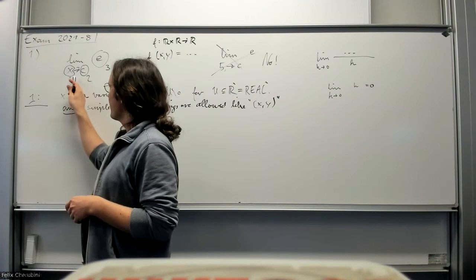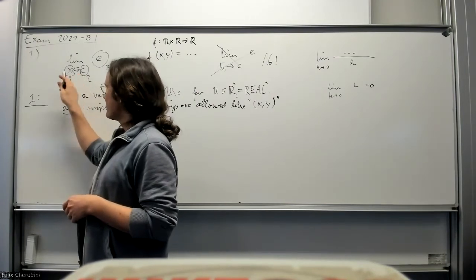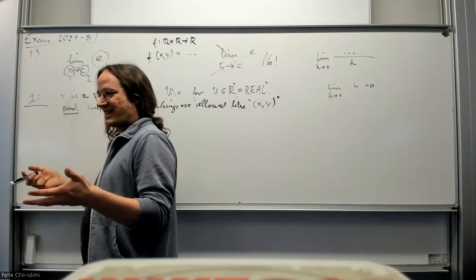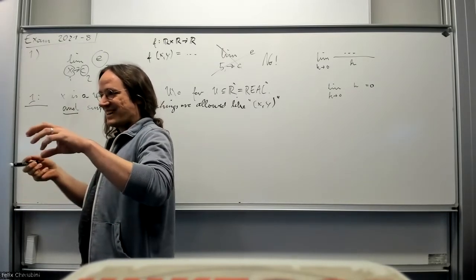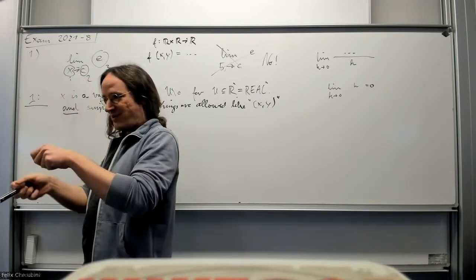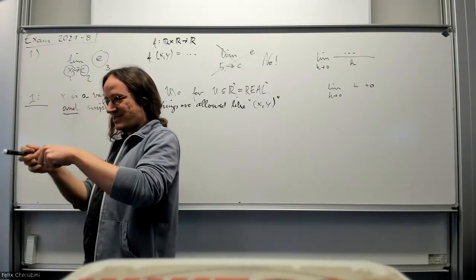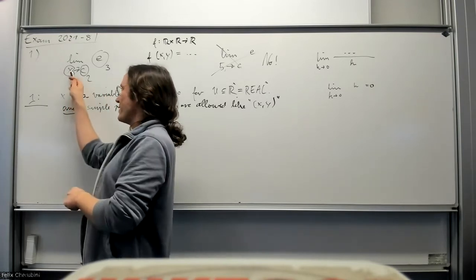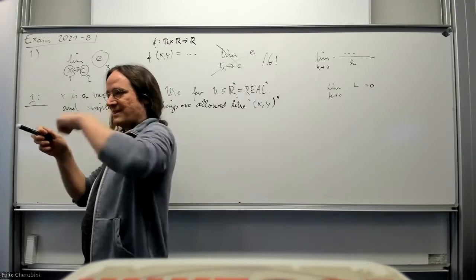We could say C is not allowed to depend on X. So if it's constant with respect to X, you have to pick one fixed number. That's the intuition.